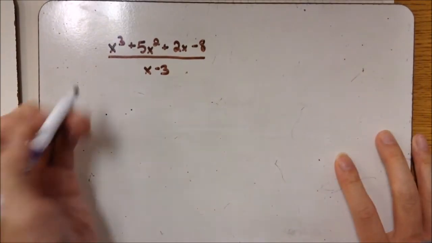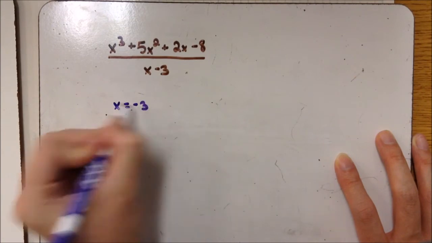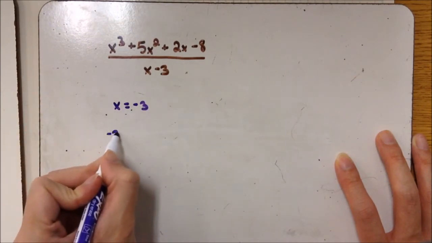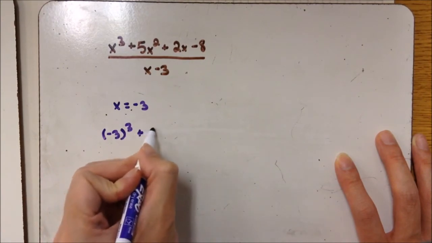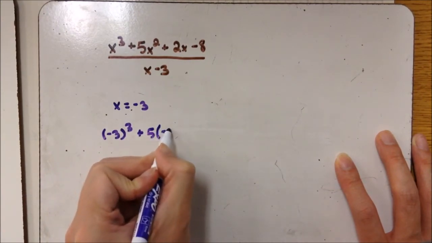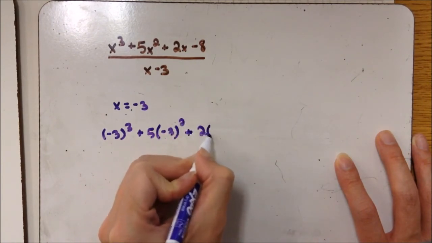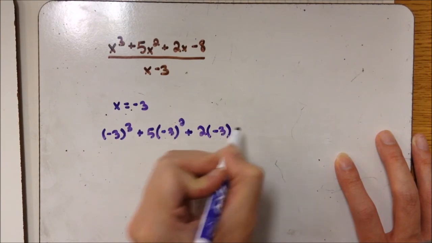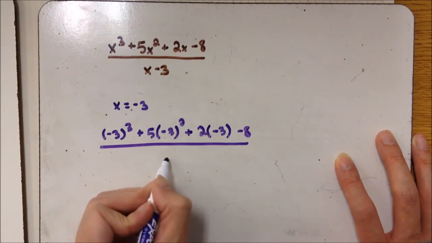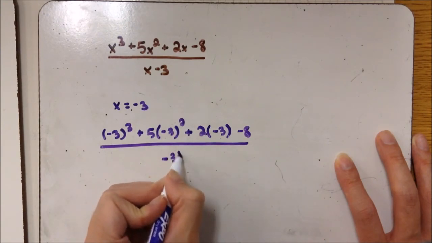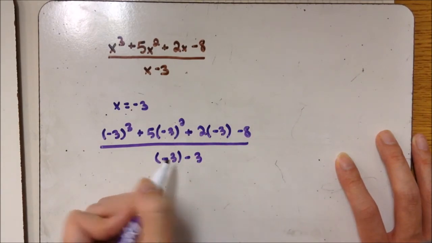Alright, so again, we're plugging in negative 3. So, negative 3 to the third power, and see how I'm putting it in parentheses. And again, I put parentheses because I'm plugging in a negative number.